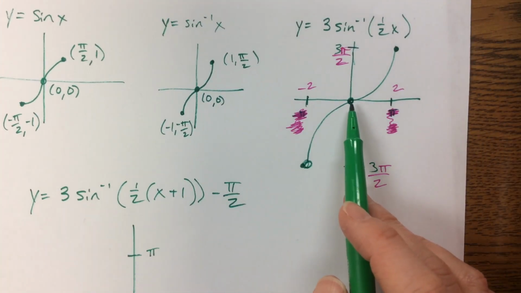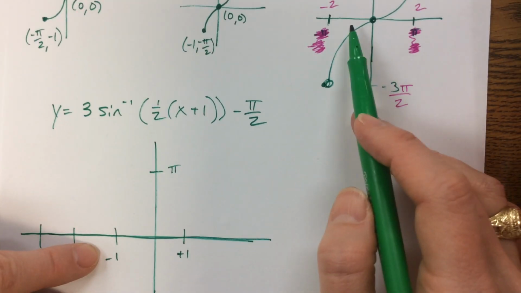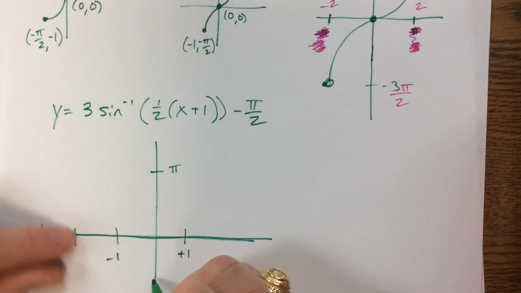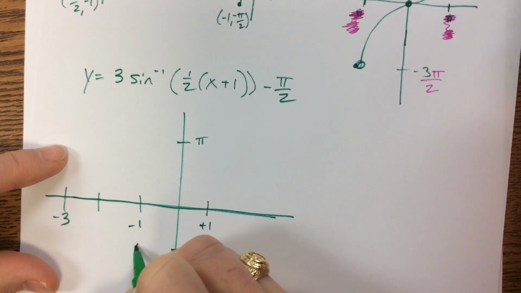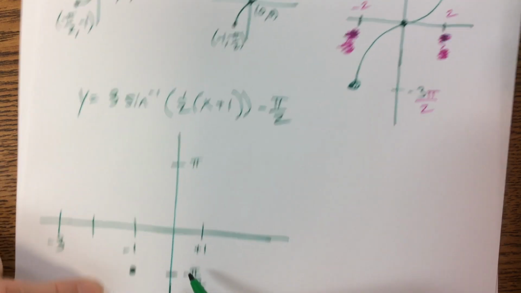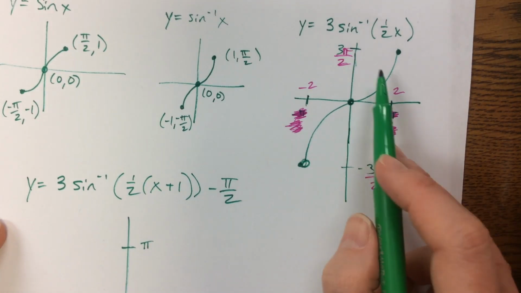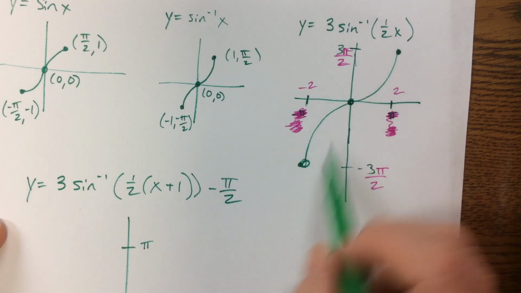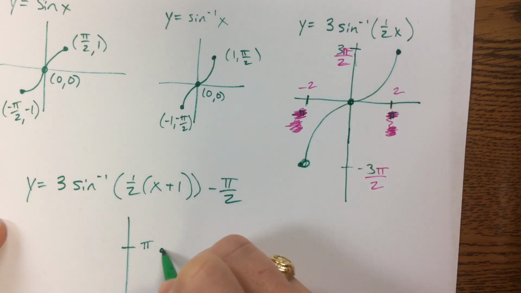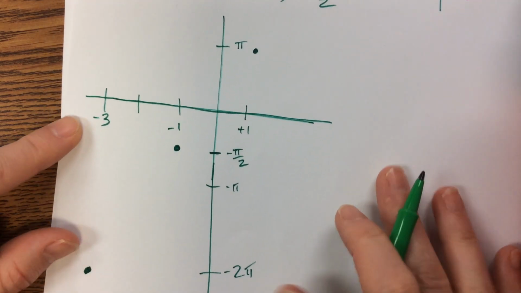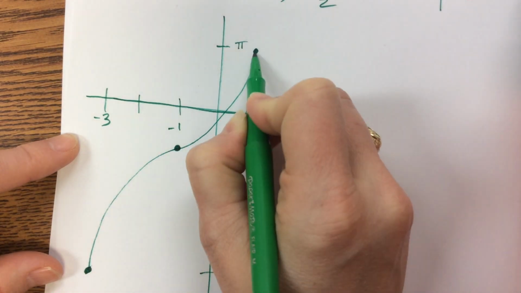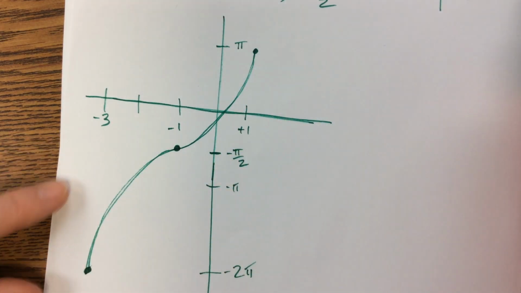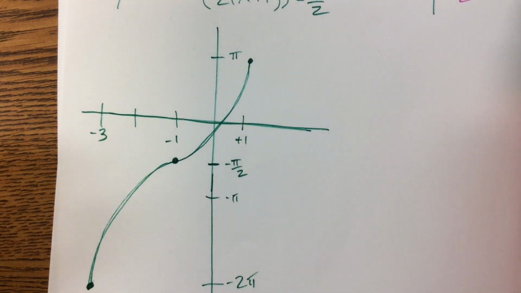I have the point, what had been 0, 0, now has to shift to negative 1, and then it has to go down pi over 2, which is negative pi over 2. So now I have a point here. And then I have a point, this one had gone to the left 1, and it was at 3 pi over 2, it has to go down to pi. So we're right here. My scale has gotten funny, and we're doing something like this. Sorry, I'll try to make the next video better.